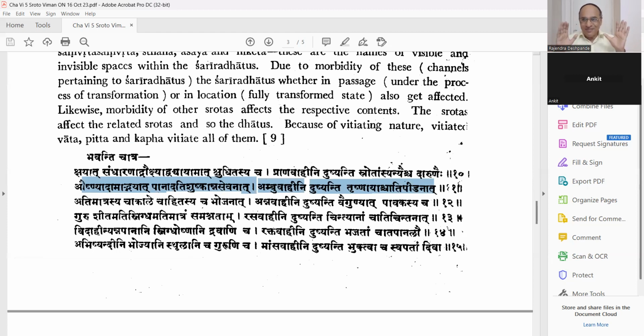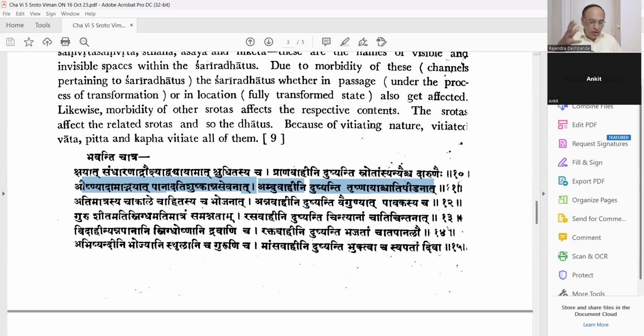Udaka is water, related with your water compartments, intracellular fluid and extracellular fluid. If it is disturbed, what can be the causes to disturb the water content of the body? Why is my body dehydrated? So let us see. Write down one by one.